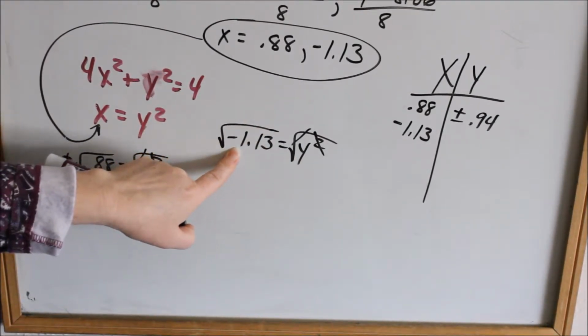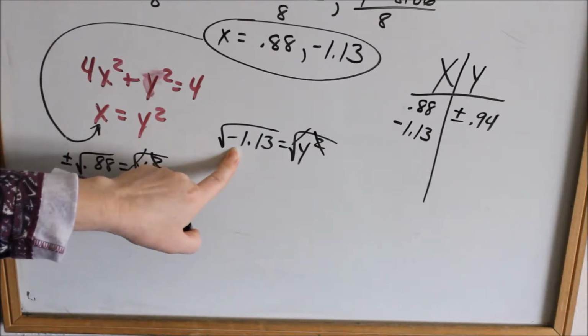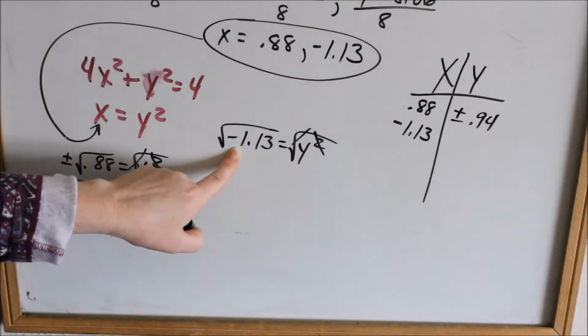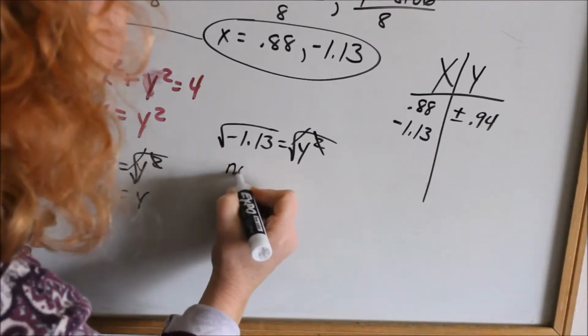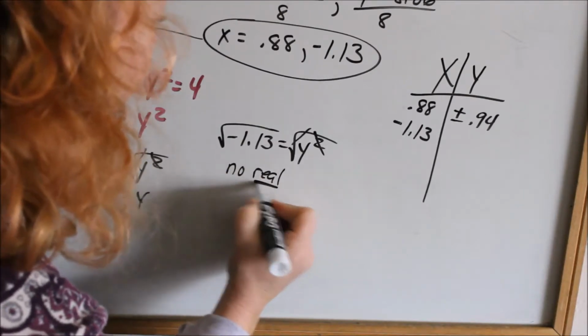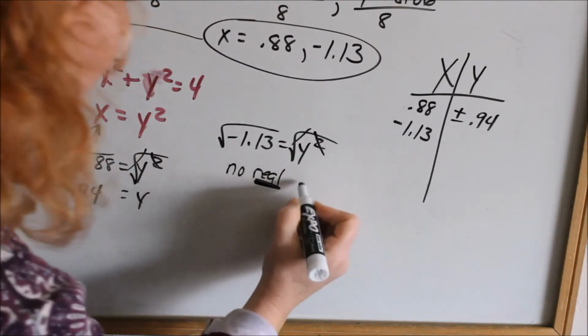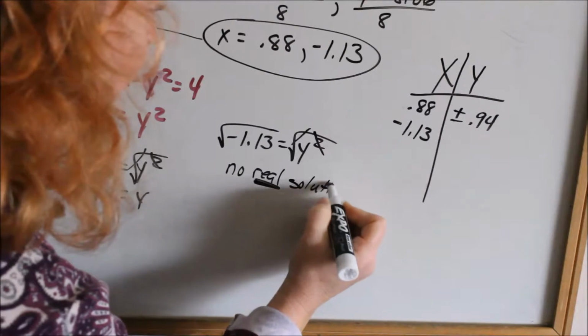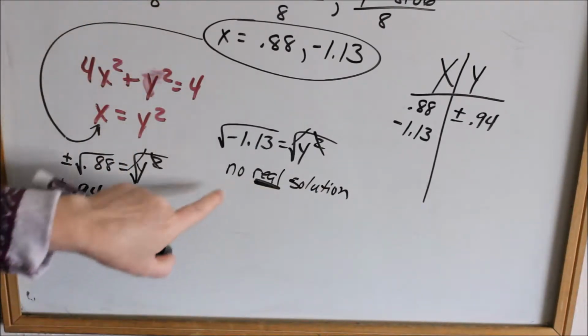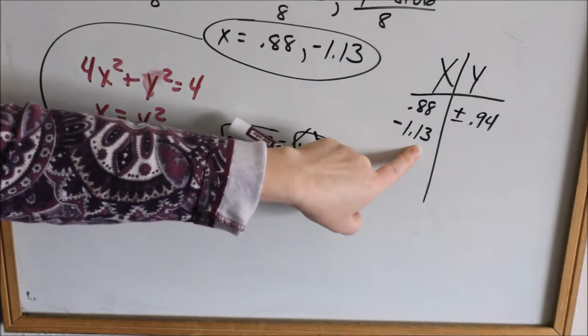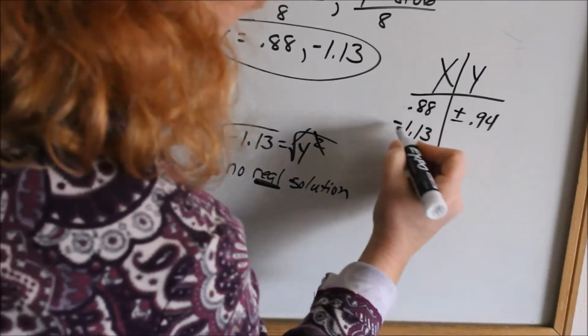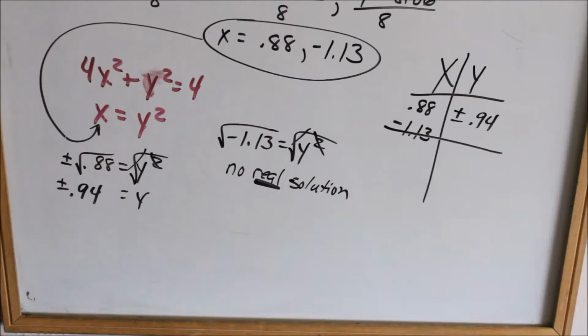It gives you an imaginary number. We do not graph imaginary numbers. If you come across the square root of a negative number, that is no real solution, because we only graph real numbers. So there is no coordinate that matches with that x value. You can come over here to your chart and say there's no solution for that one.